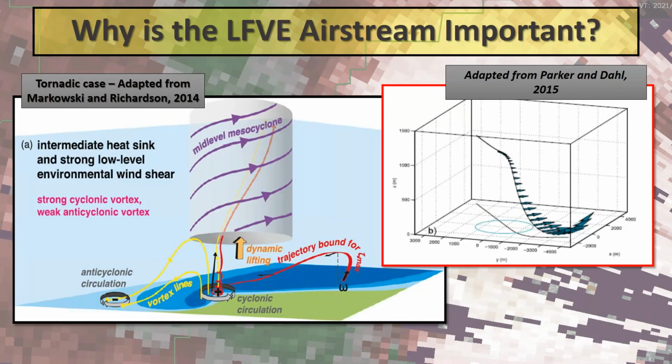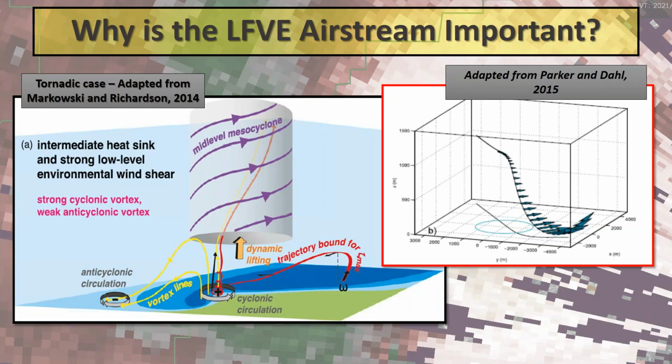So throwing in some more research here, this whole idea of a descending airstream that originates from the forward flank goes back a ways, and has been touched upon in the Markowski and Richardson paper from 2014, looking at the trajectory coming in and under the low-level mesocyclone where the best dynamic lifting occurs.